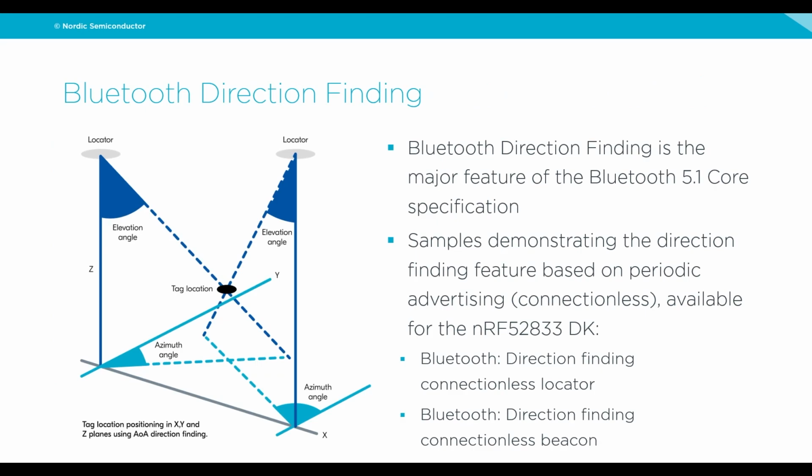Bluetooth direction finding is the major feature of the Bluetooth 5.1 core specification. It is designed to enhance location services where previously only signal strength-based technology has been used with received signal strength indication or RSSI.